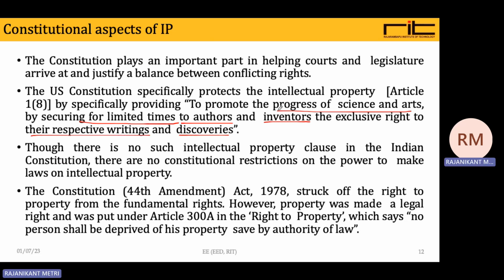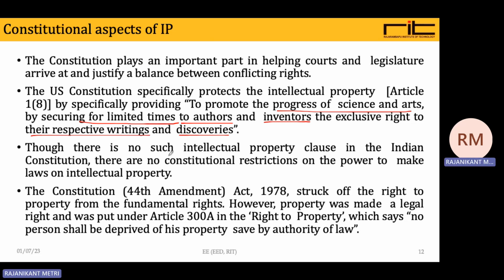So, to promote the progress of science and arts, and at the same time securing for limited time to authors and inventors their writings or discoveries. So, this is the US Constitution.